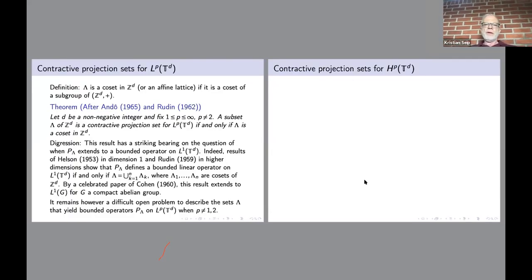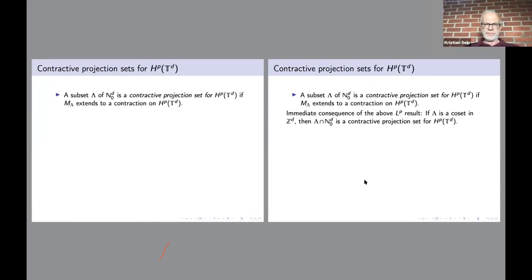Okay, so now we go to Hp. So far we discussed Lp. Now we go to Hp, and we use the same terminology. We have a subset of the natural numbers here, or actually N naught, because we have to include 0.